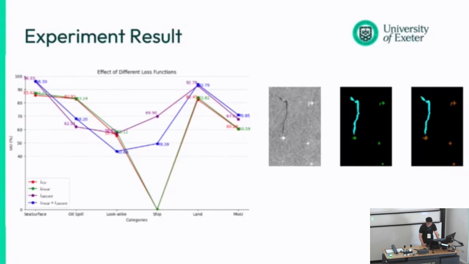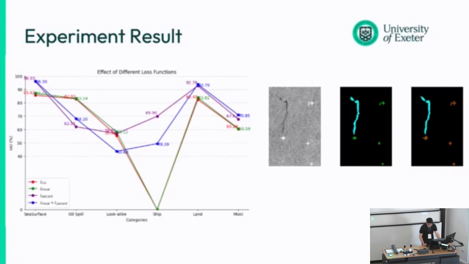Our proposed combination improves both oil spill and lookalike performance while maintaining stability across all categories, giving us the highest mean intersection over union. You can also see this visually on the right. The combined loss produces much cleaner segmentation.